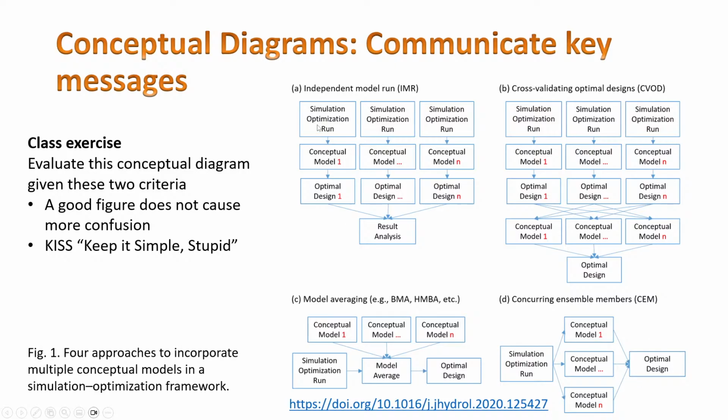So you see, I was able to communicate 4 approaches for doing simulation optimization and finding a design, given that you have different conceptual models. Look at this figure along with the text, and that will help you understand these 4 different concepts.